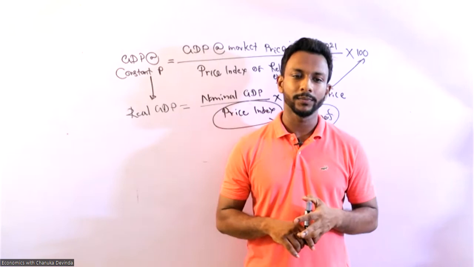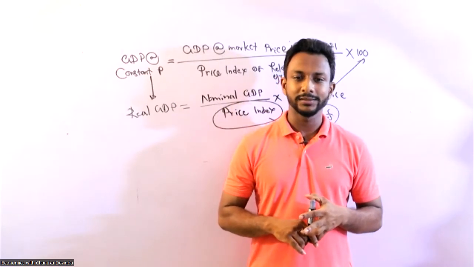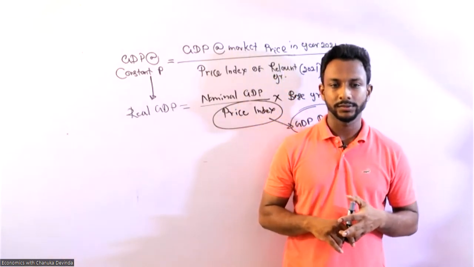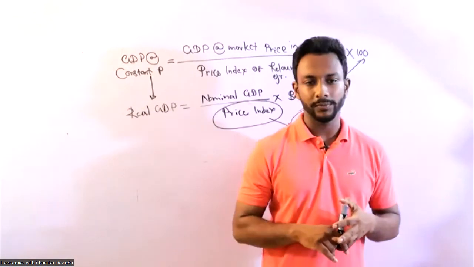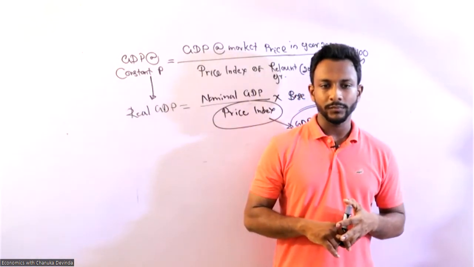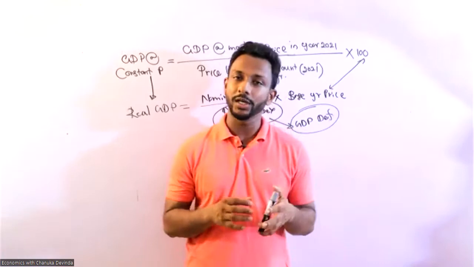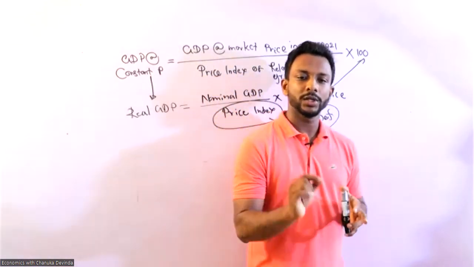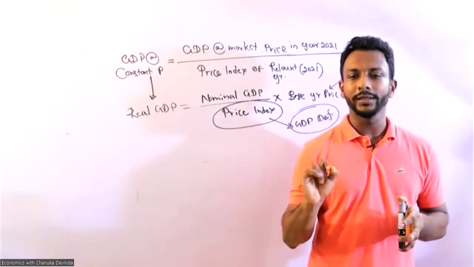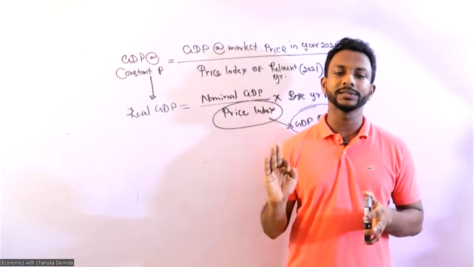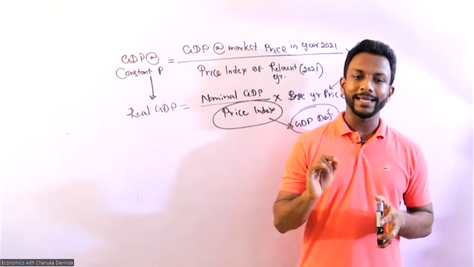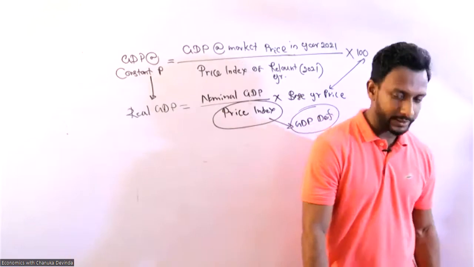Third point, because the others are a little bit hard to keep in mind. GDP deflator is a measure used to measure the price level of all the final goods and services produced in an economy. How do we calculate that?